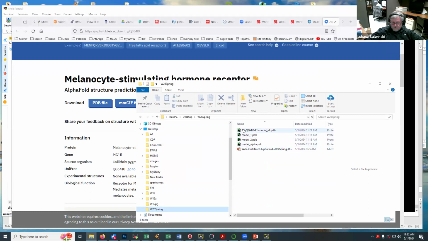Okay, so now we've got four structures for our sequence. There's one that's the AlphaFold model as coming from the AlphaFold server. We've got two homology models that came from Swiss model based on known structures, and then we do have a model that's based on the initial prediction by AlphaFold that Swiss model modified, possibly a little bit.